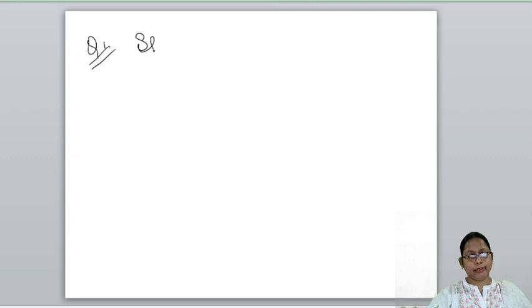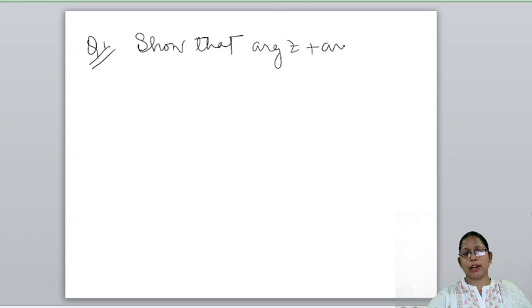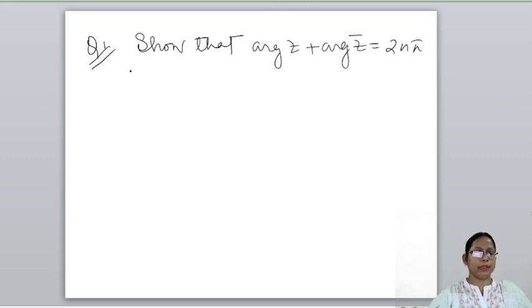Show that arg of z plus arg of z conjugate is equal to 2n pi, where n is any integer.